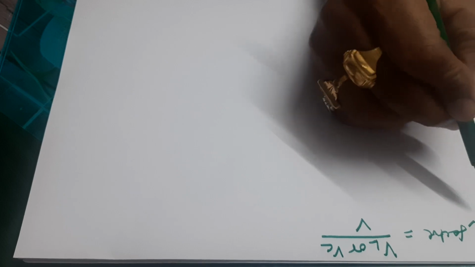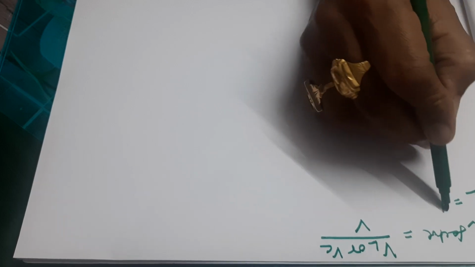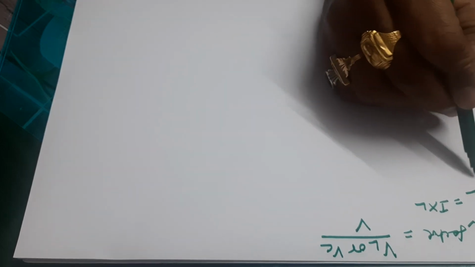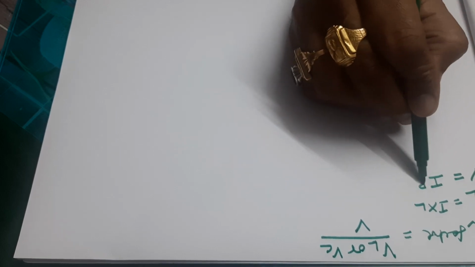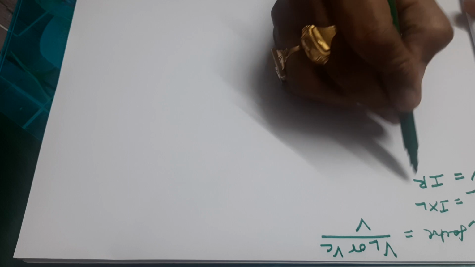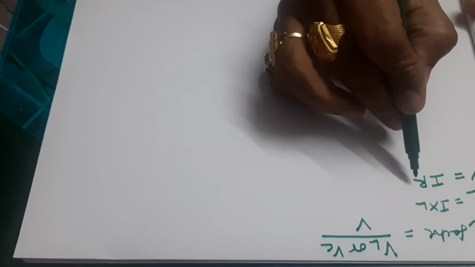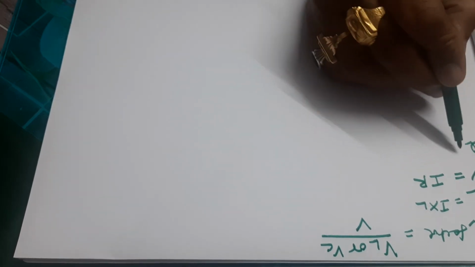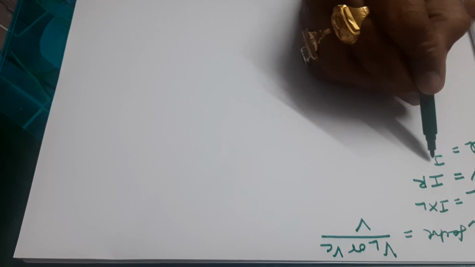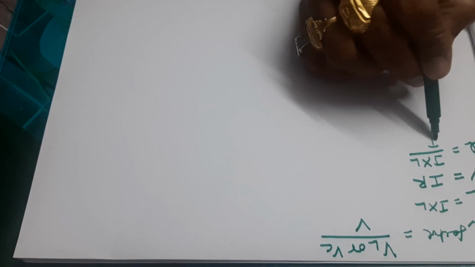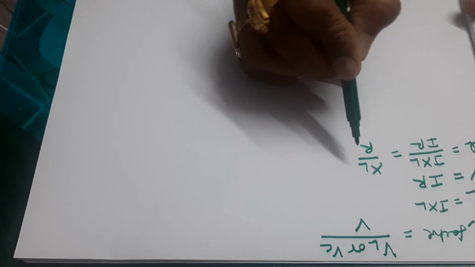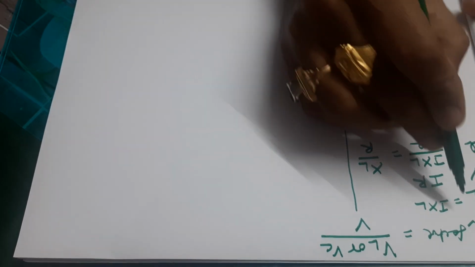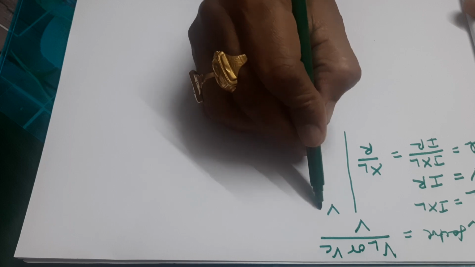We know that VL is given by I XL, and V under resonance condition is given by I R, because the impedance is only the resistance value. If you take the ratio, what is the Q factor? I XL by I R gives XL by R. Similarly, we can also find the Q factor by using the VC value.